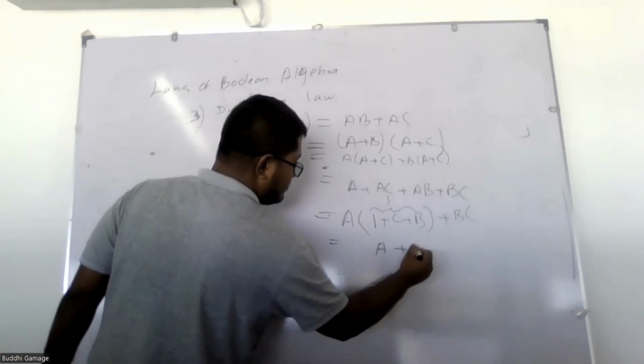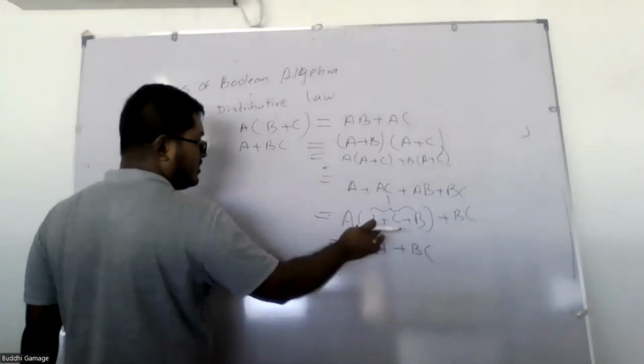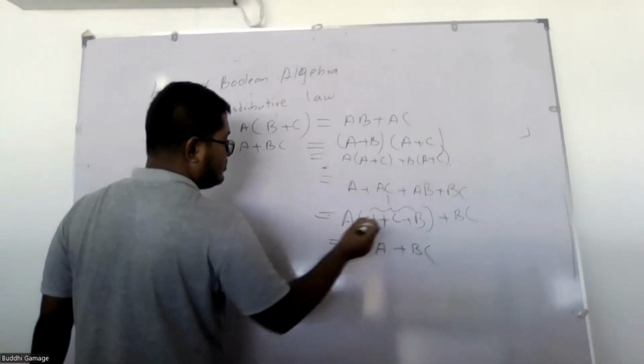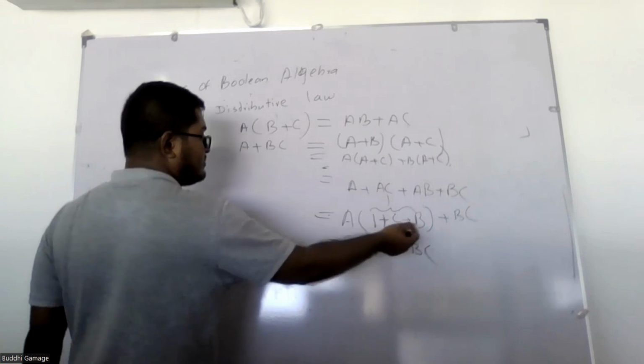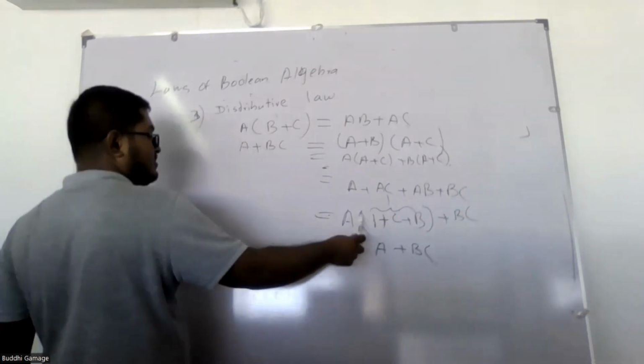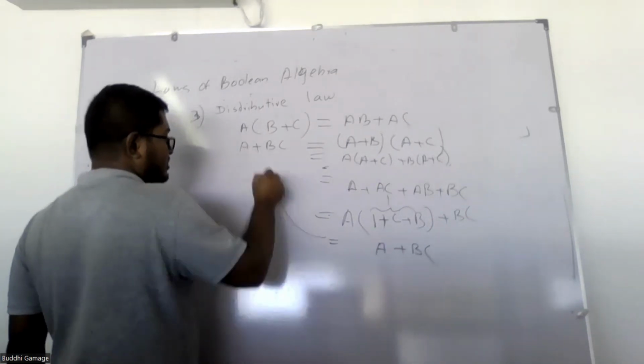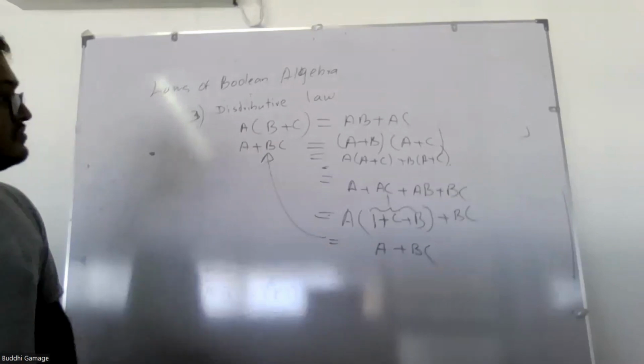Since there is 1 here, all things are going to be true for this part. So we can replace it by 1. That means A plus BC. That is our answer.